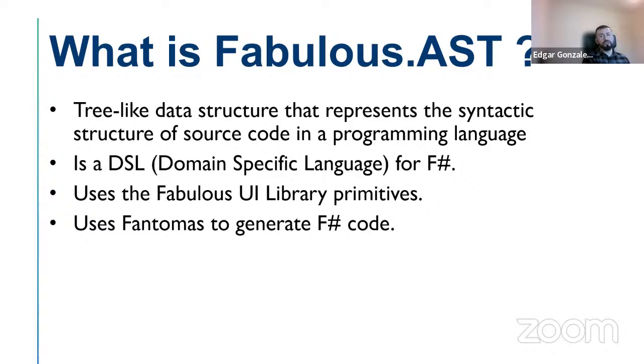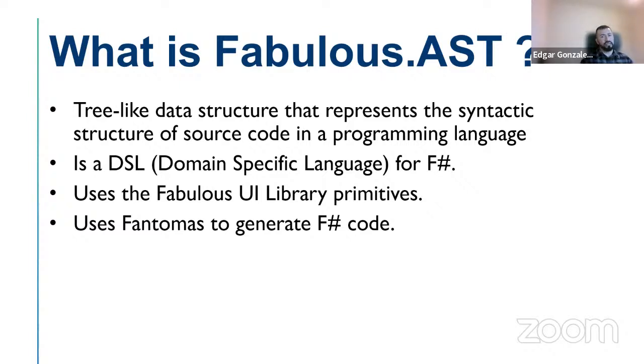So from the user point of view, with my library, you don't need to know more about what every single node of the AST and the F# compiler means. All you need to know is that there are widgets that will, for example, say record, and it will allow you to create a record without needing to know that this structure needs to conform to this and that.